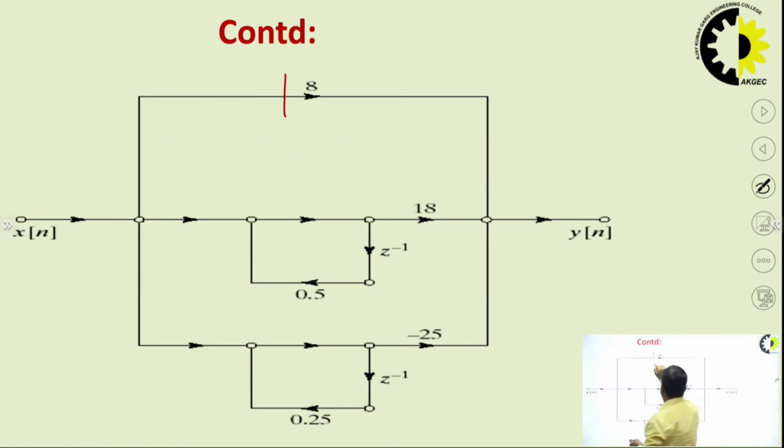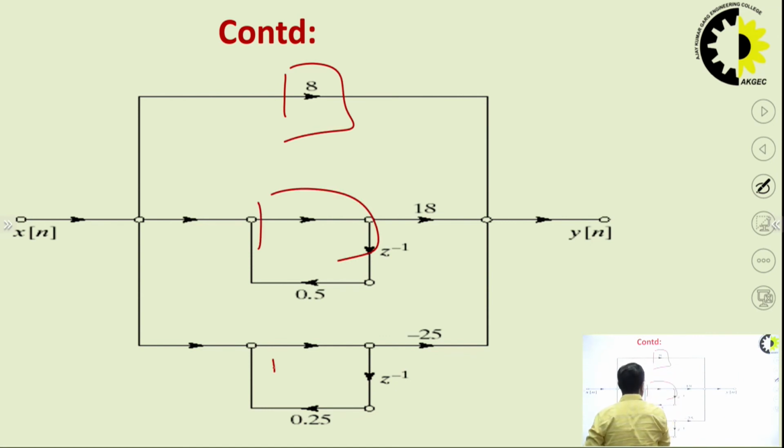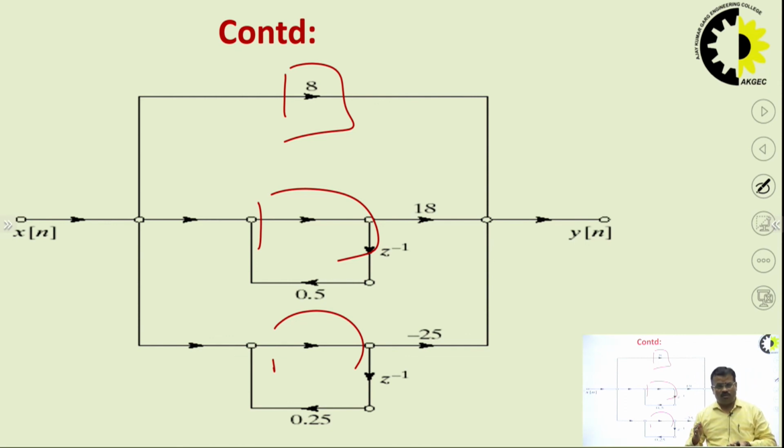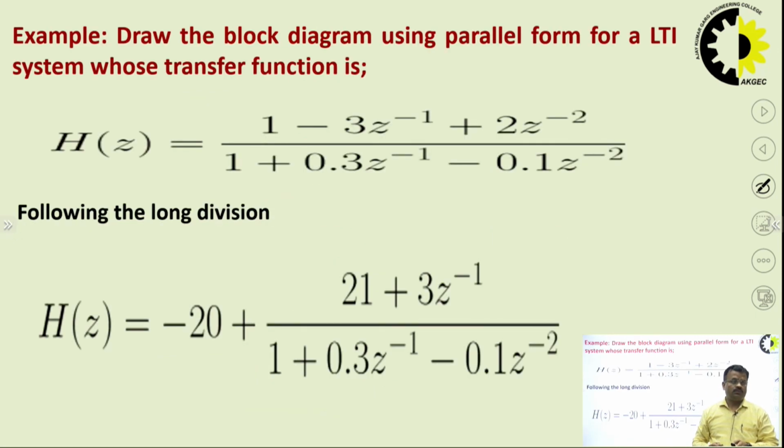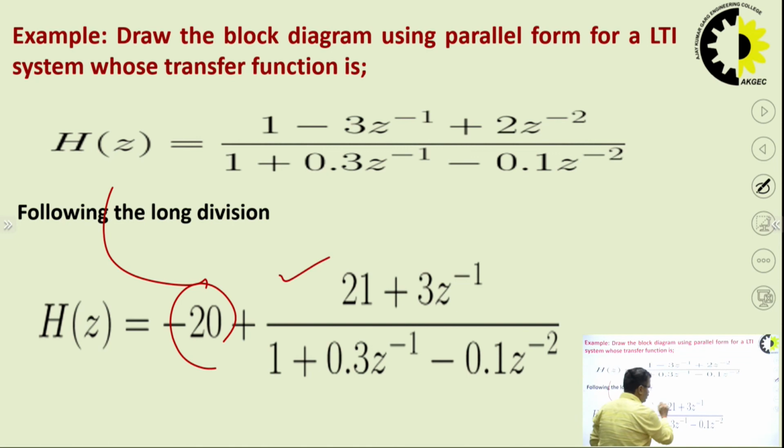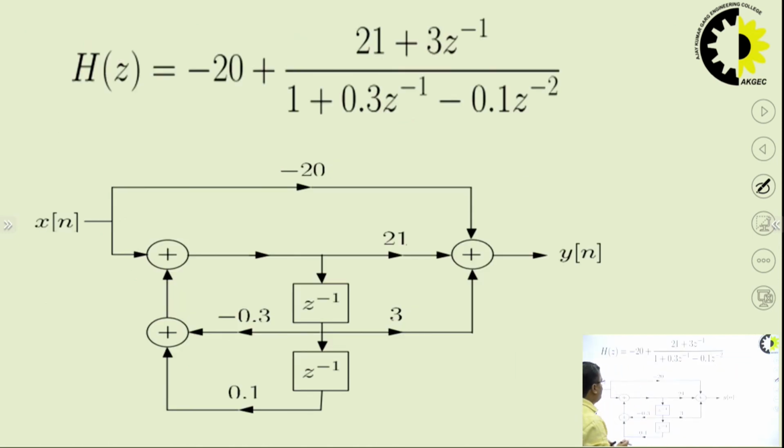This is your H1Z, this is your H2Z, this is your H3Z. This is your choice, either you realize in direct form 1 or direct form 2. Another example, H of Z is given to you, you have to convert this H of Z into additive form, H1Z plus H2Z, and you can realize your structure here.